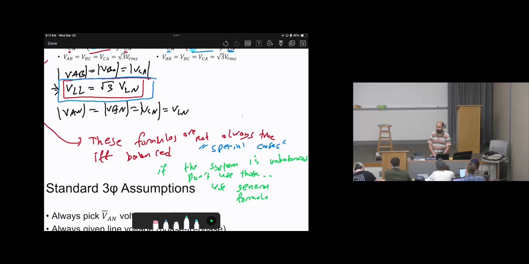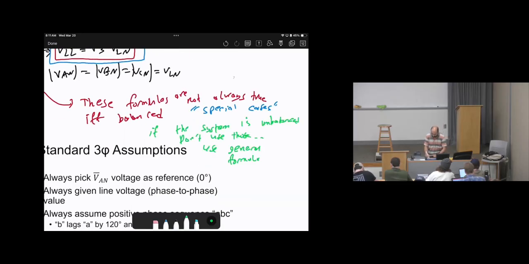Okay? Which is again, general formulas mean VAB equals VAN minus VBN. Then the same thing when we do it for VBC and VCA. So you should know this.